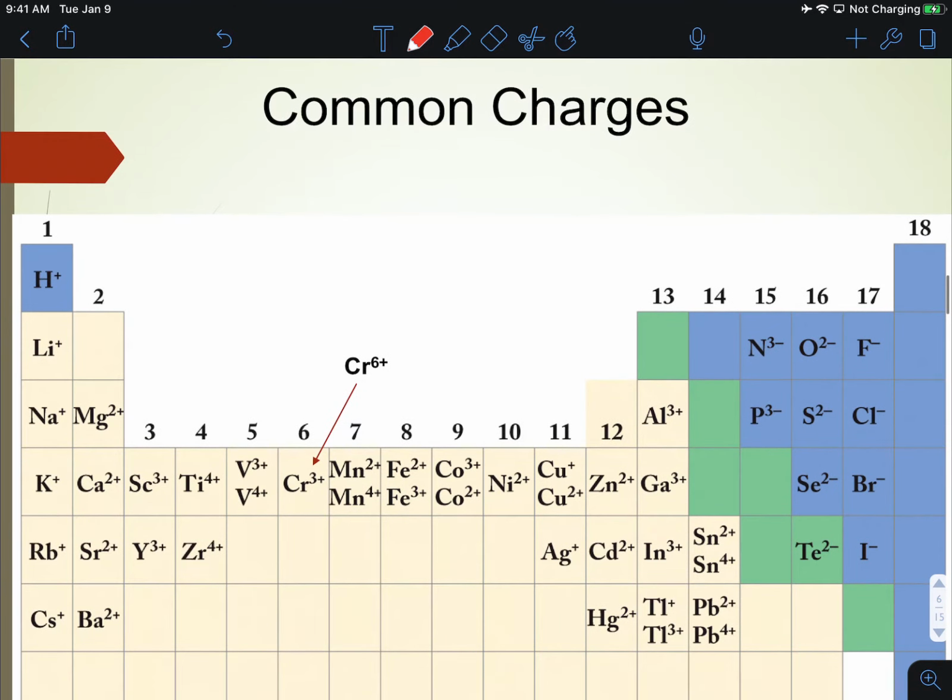These are some of the common charges that I showed you on your slides, and you get familiar with to some extent. You don't have to memorize these, of course. You don't have to memorize really anything in this course because you have open book, open note. Of course, the more you study, the better it prepares you. But I added chromium-6 because that's a pretty famous one. If you know the Erin Brockovich story, that was hexavalent chromium that was causing that problem.